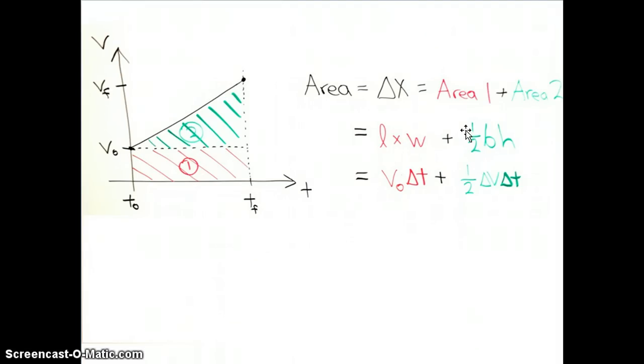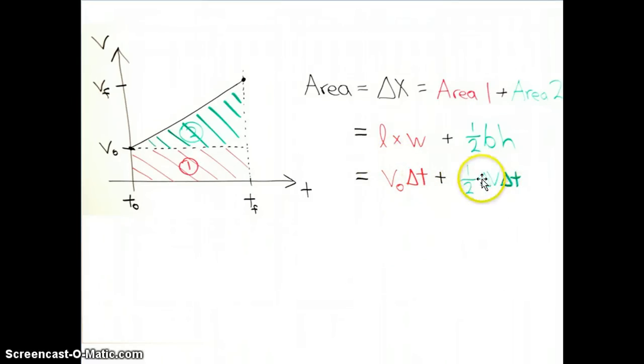So when we look at how these show up on our graph, the length times width for the rectangle is going to be a length, we could say this height here, of v0, from 0 up to v0, and then a width of delta t, t0 to t final. So that's this piece here, and then 1/2 the base times the height.